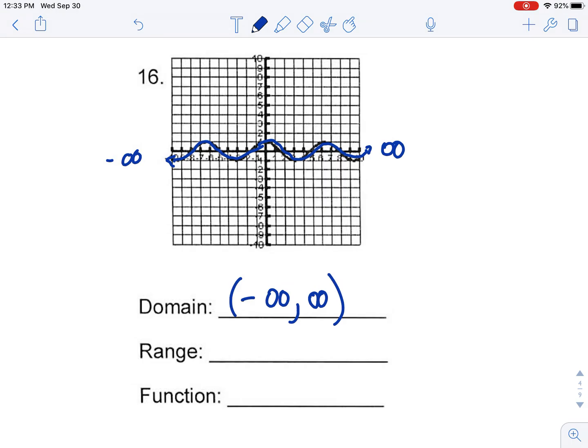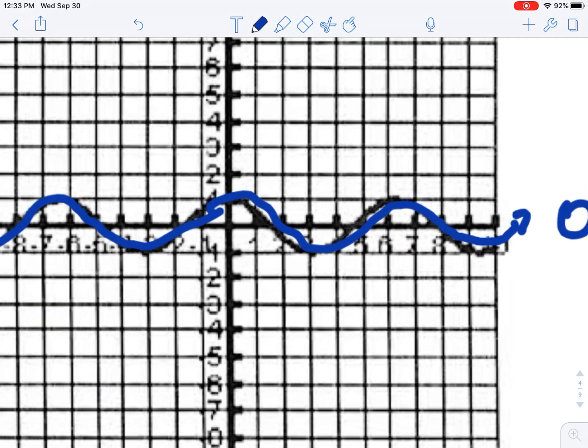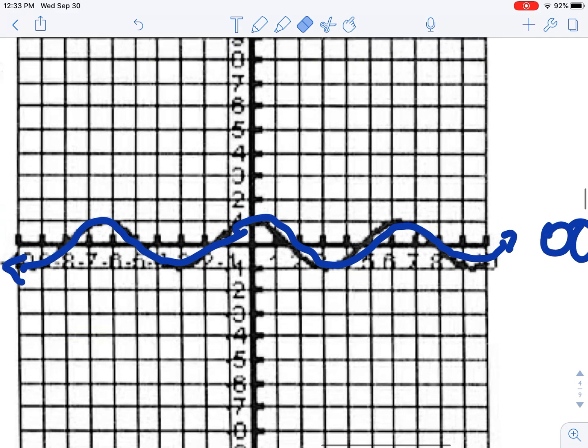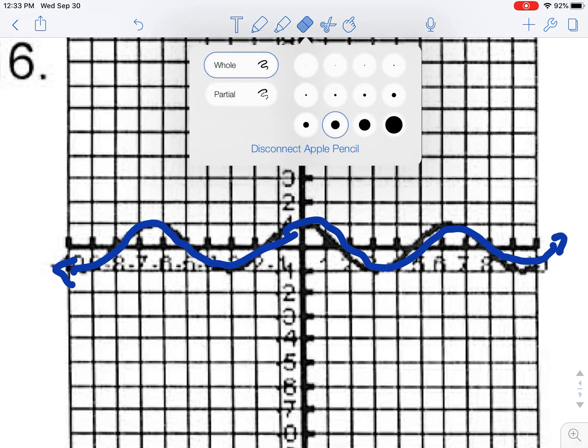Oops, I'm gonna have to plug in my pencil here. Now for the range is the lowest point to the highest point. So how low does this graph go and how high does it go? Let me see, let me erase what I did in blue here.